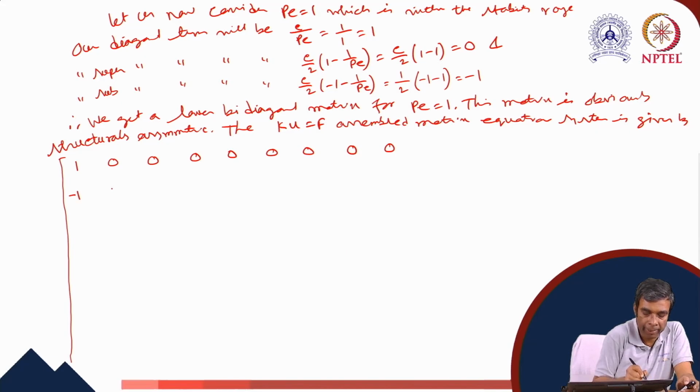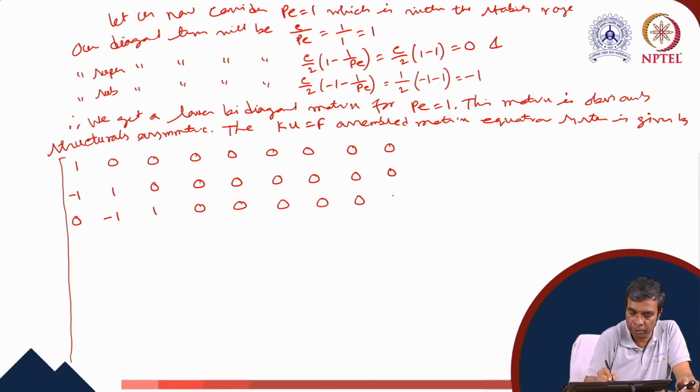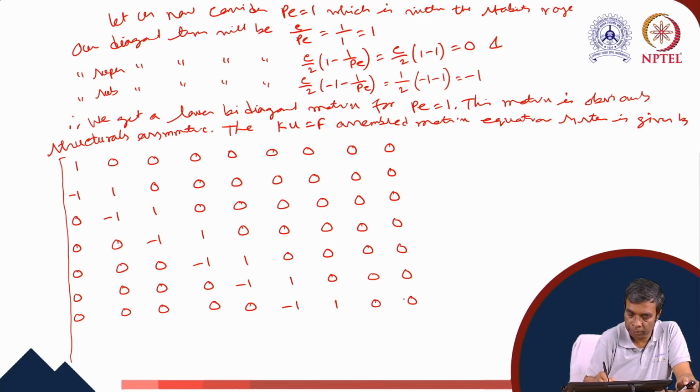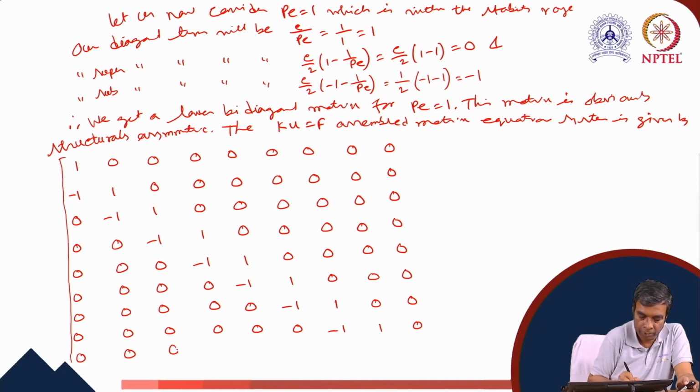So we have the subdiagonal term minus 1, 1, 0, 0, 0, 0, 0, 0, 0. We have 0, minus 1, 1, 0, 0, 0, 0, 0, 0, and so on, with each subsequent row shifting the pair minus 1, 1 one place to the right. The last equation we get now 0, 0, 0, 0, 0, 0, 0, minus 1, 1.